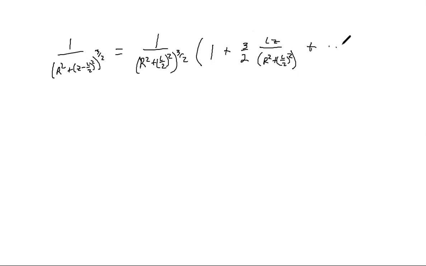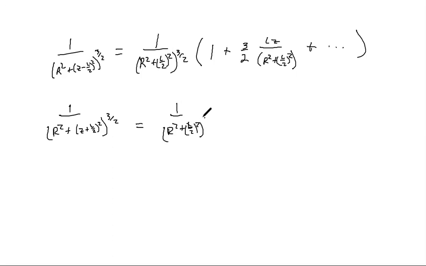Similarly, 1 over R squared plus (Z plus L over 2) squared, to the 3 halves, will give you 1 over (R squared plus L over 2 squared) to the 3 halves, times 1 minus 3 halves LZ over (R squared plus L over 2 squared), plus other terms.